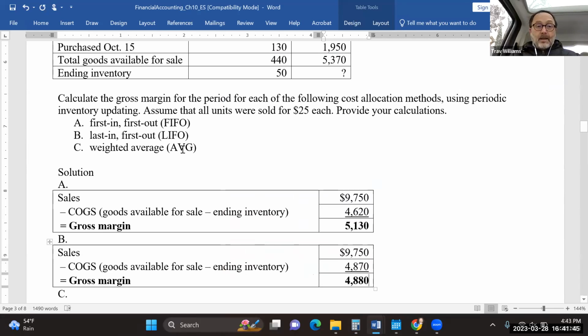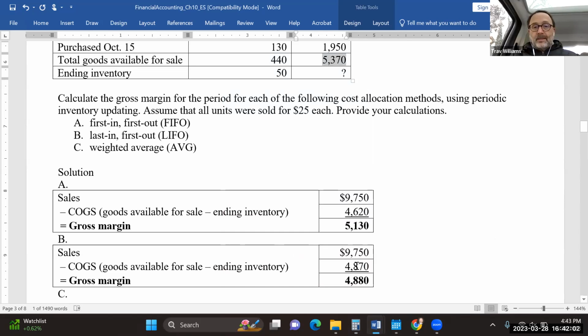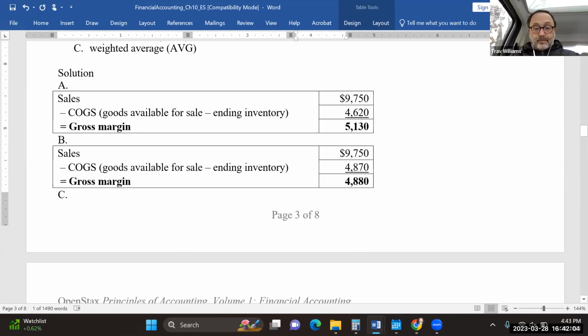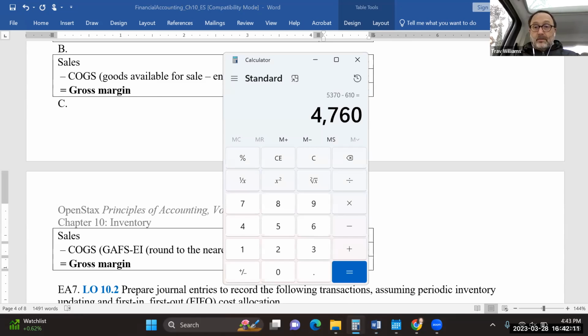And then for C, the weighted average method, once again, we take our goods available for sale, 5,370. We're going to subtract the ending inventory cost, which was $610, using the weighted average method. That gives us 4,760. We subtract that from sales. And we get 4,990.